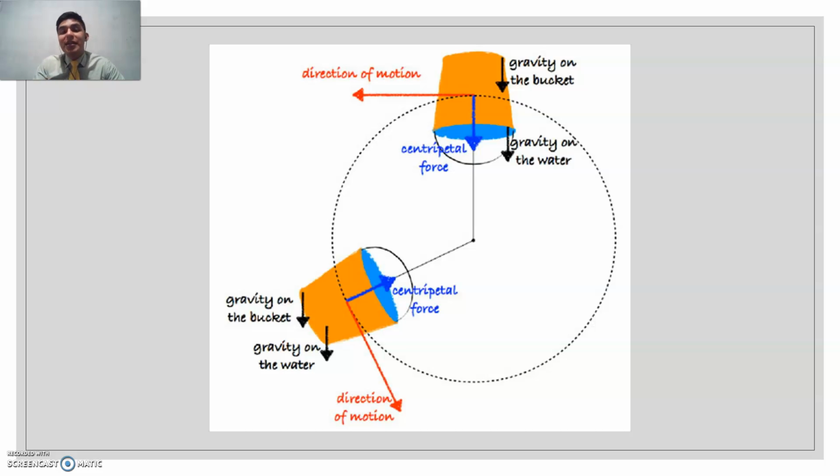And of course, the water won't come out. All of that is due to the centripetal force. And we have this image in which different vectors are identified. For example, the vector of velocity that is pointing out of the circular motion, the centripetal force that is pointing towards the center of the ellipse. We have gravity on water, gravity on the bucket, and of course we have the circular path that it necessarily needs to follow.